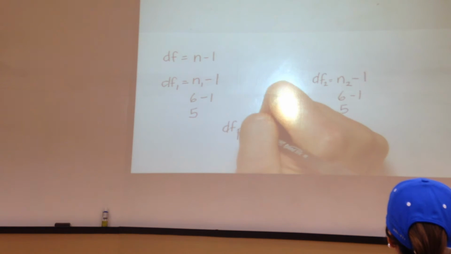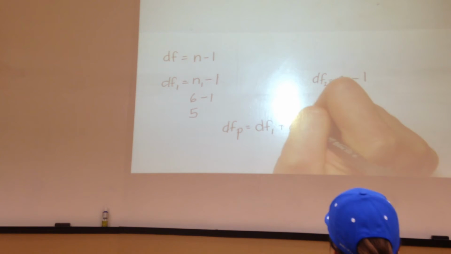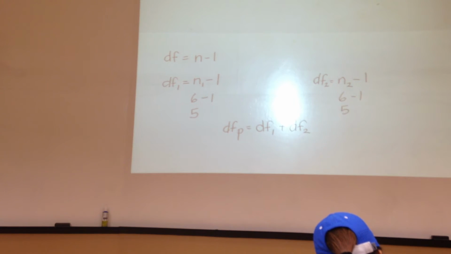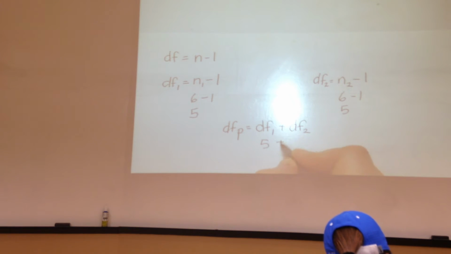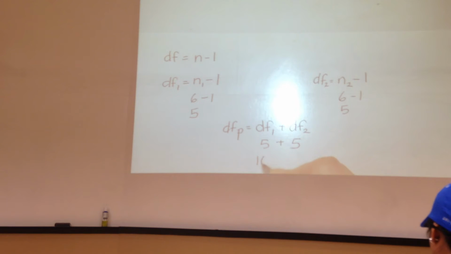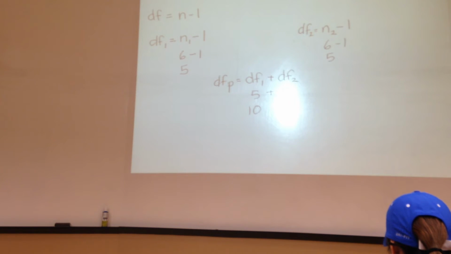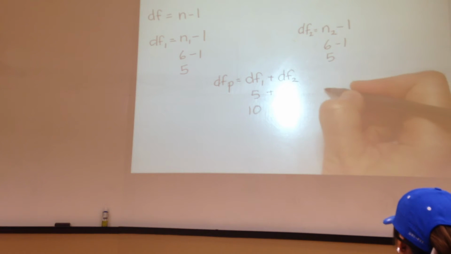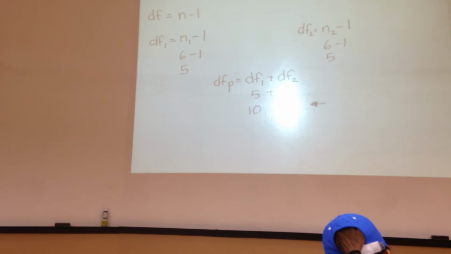All right. So to calculate degrees of freedom pooled, we're just going to add the degrees of freedom for our two groups. And this value right here, that degrees of freedom pooled, that's the degrees of freedom.